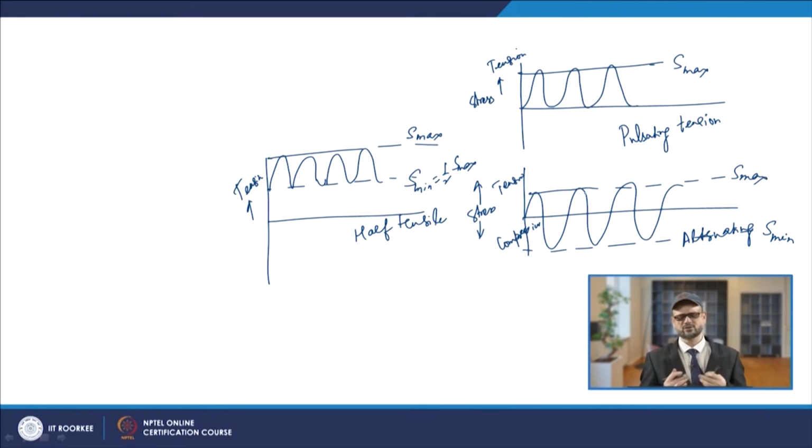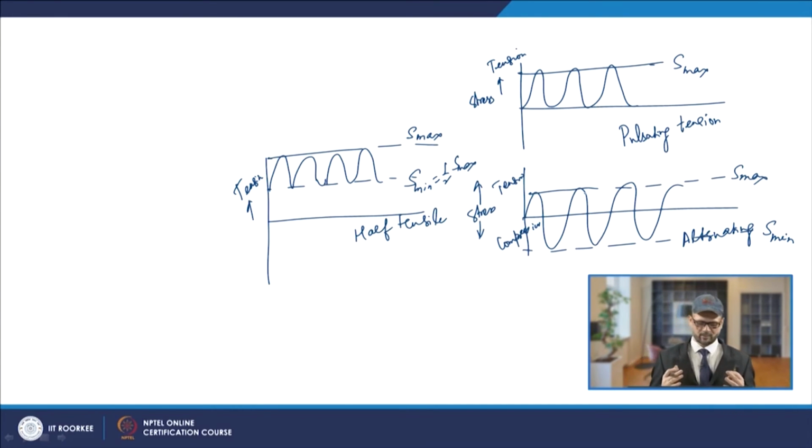Based on that, you have a diagram which is known as the Goodman diagram, and it talks about the effect of the various types of stress cycle on the fatigue life.